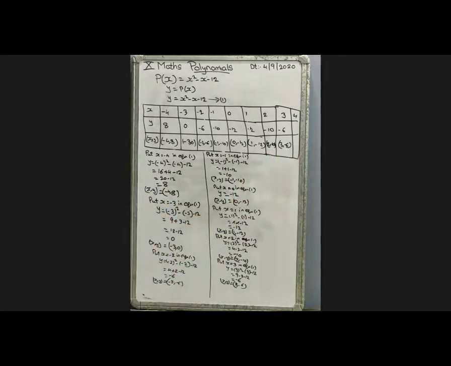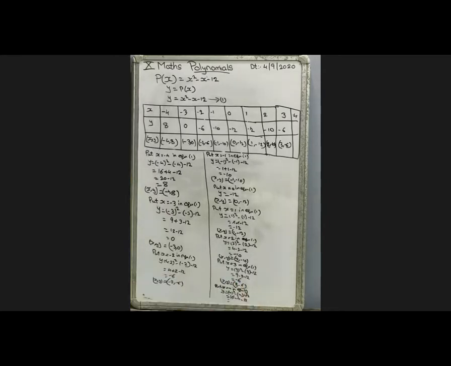And finally we can take 4. Put x equal to 4 in equation 1. y equal to 4 whole square minus of 4 minus 12. How much is it? 16. 16 minus 4 minus 12.